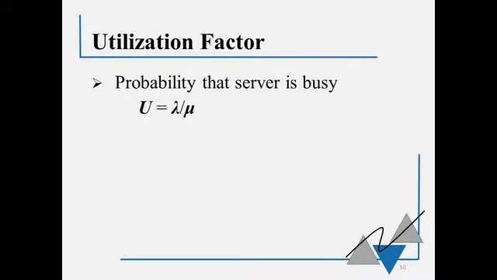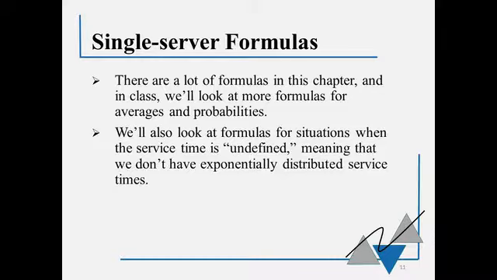We also have some formulas for some different probabilities. This is an example of a formula called the Utilization Factor, and this is the probability that the server is busy. There are lots of other formulas in this chapter, and I'm not going to go through them all now. We will look at the formulas more in class.